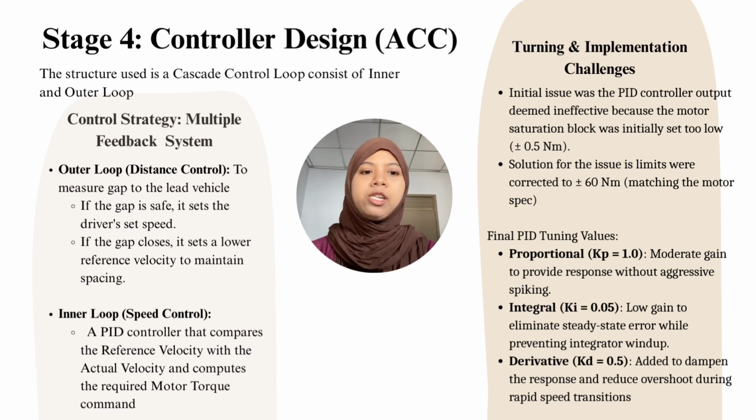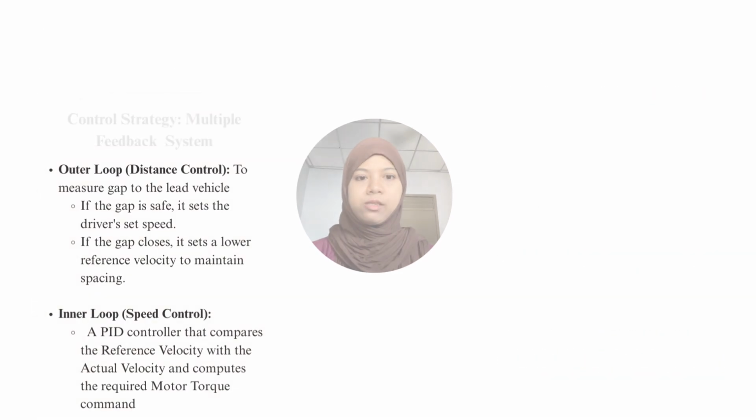So the final PID tuning values were proportional, Kp equal to 1 for moderate, spike-free response; for integral, Ki is 0.05, a low gain to eliminate steady state error; and for derivative, Kd is 0.5 to dampen the response and reduce overshoot during speed transitions.